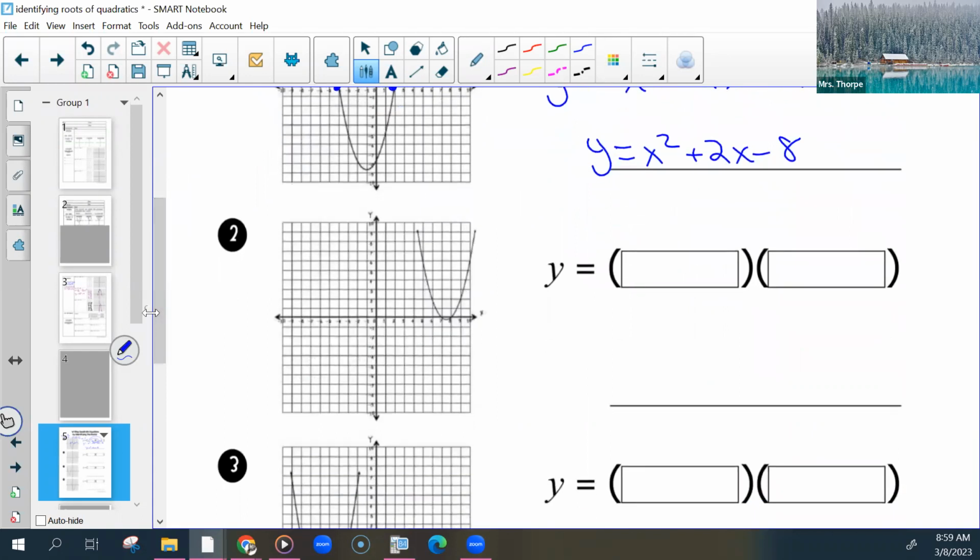So what would the two solutions here be? Kind of blurry, but they're really close together.